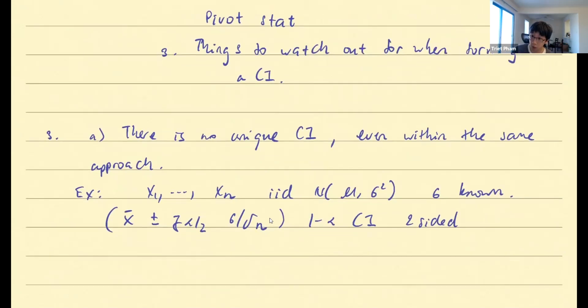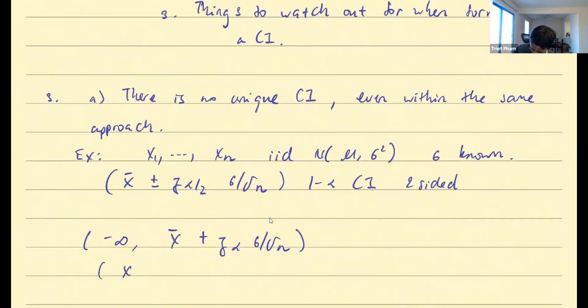So the following also works: minus infinity to X bar plus z alpha sigma over root n, and X bar minus z alpha sigma over root n to infinity. These are also 1 minus alpha confidence intervals. Of course, they are one-sided.